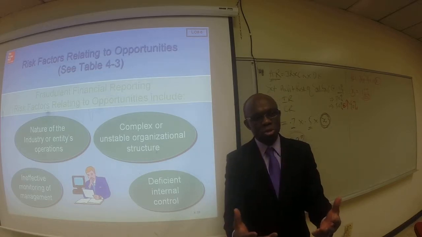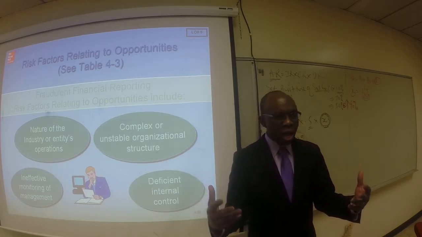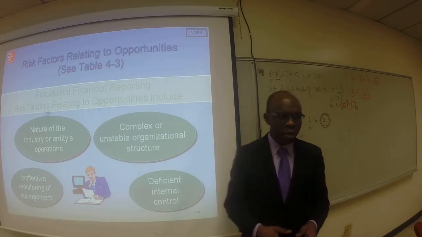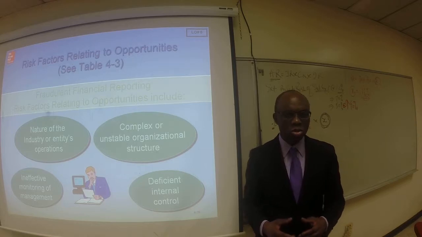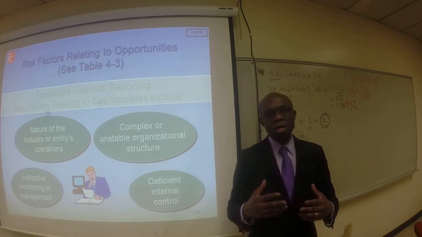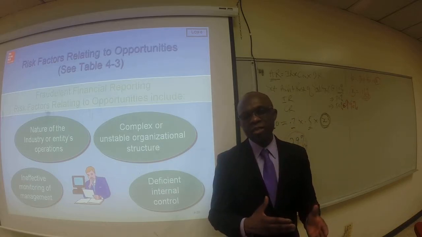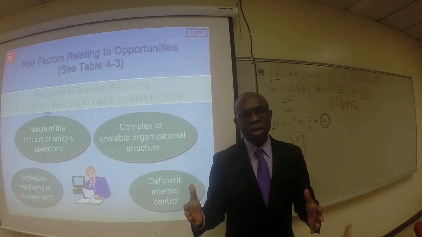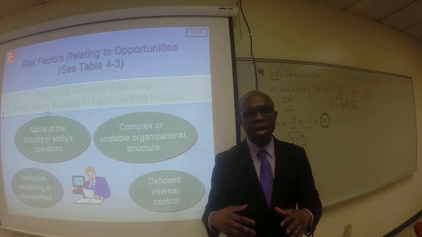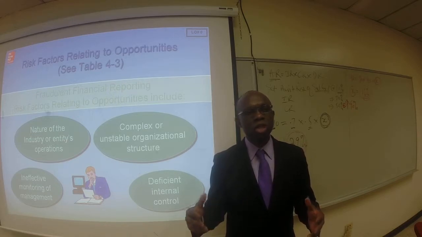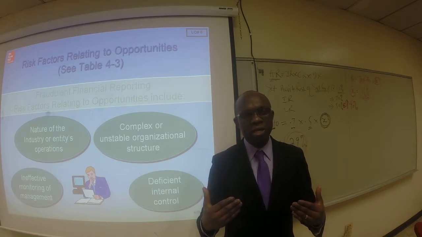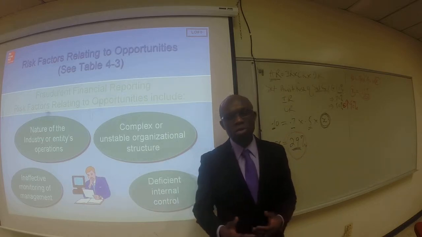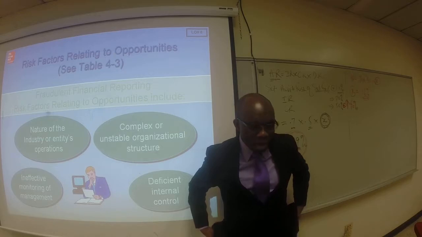If you have an operation whereby a lot of cash or handling of cash is involved, definitely the opportunity to commit a fraud is more severe in that environment versus an environment whereby all the receipts by the company come via check, not only check, but all the receipts that result from providing services or selling goods go directly into the bank account.